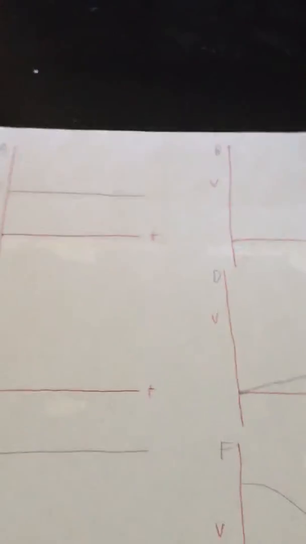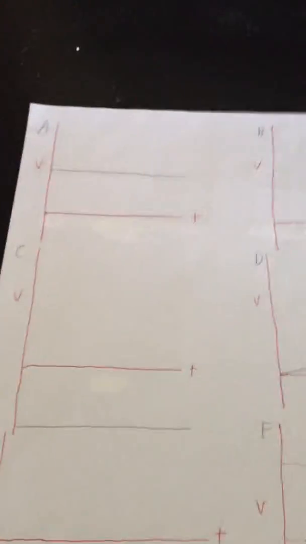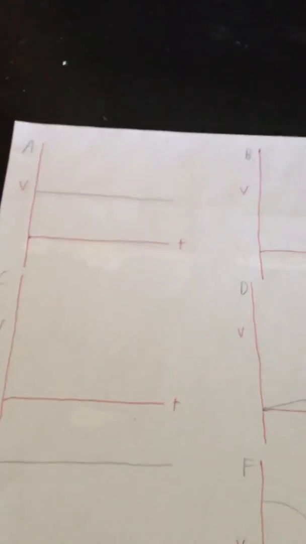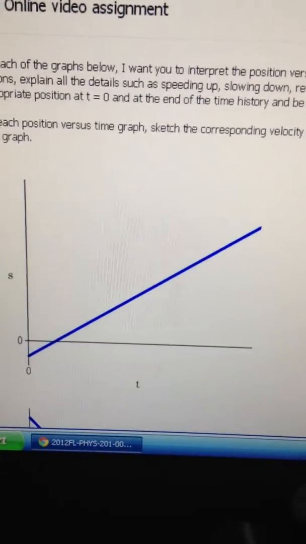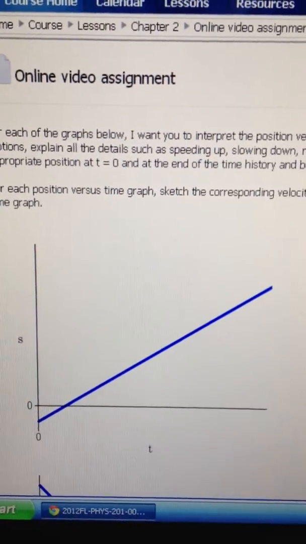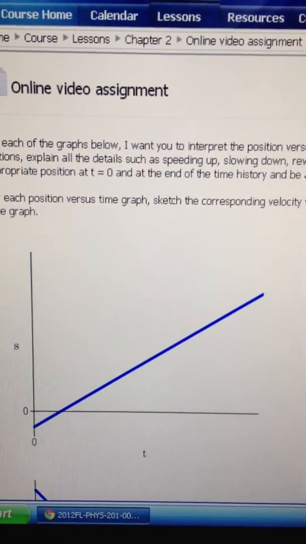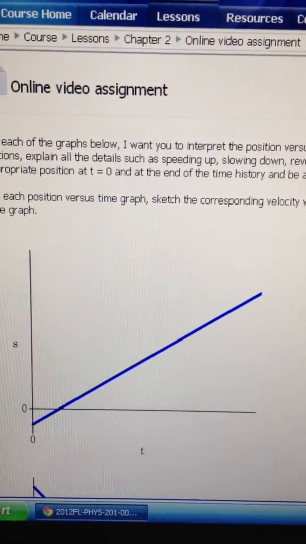Okay, what we have here are the velocity versus time graphs that I have made in accordance to these distance versus time graphs. Starting out with the first one, you can see that the slope of this graph is the same everywhere.